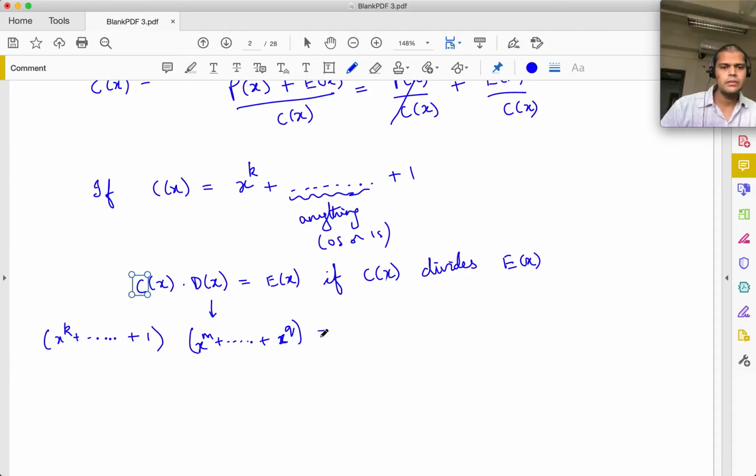Can we multiply this and get x to the power of i? And you can see this is not possible, because what is going to be the smallest term that you get over here? We are going to end up with x to the power of q. All others will have higher order values of x. And the highest power is going to be x to the power of k plus m.